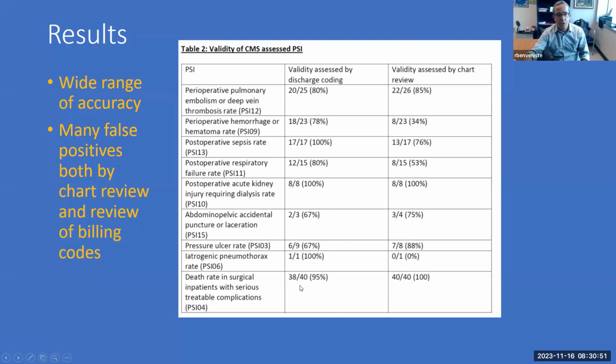Interestingly, a couple of patients should have failed based on discharge coding, because the second complication, in addition to death, that is necessary to fit criteria, never made it into the discharge coding, even though it did happen based on chart review. So, again, very different for different types of complications, but this is a pretty inaccurate quality metric.